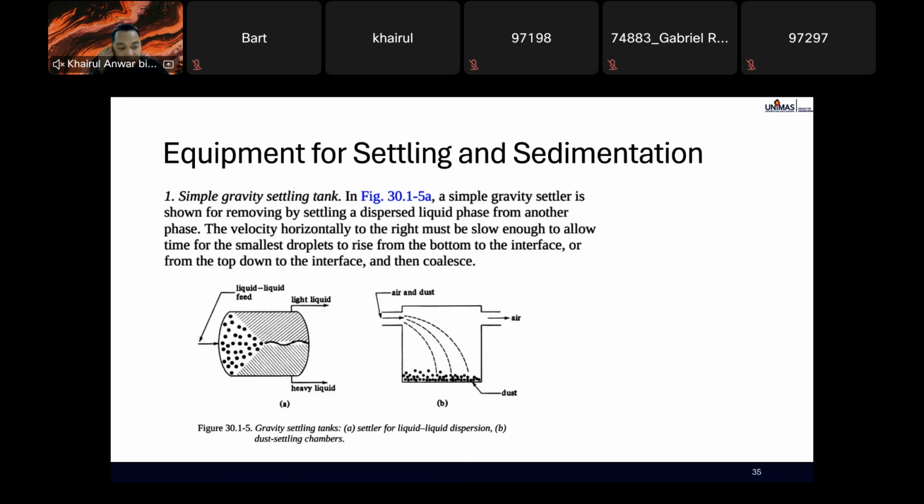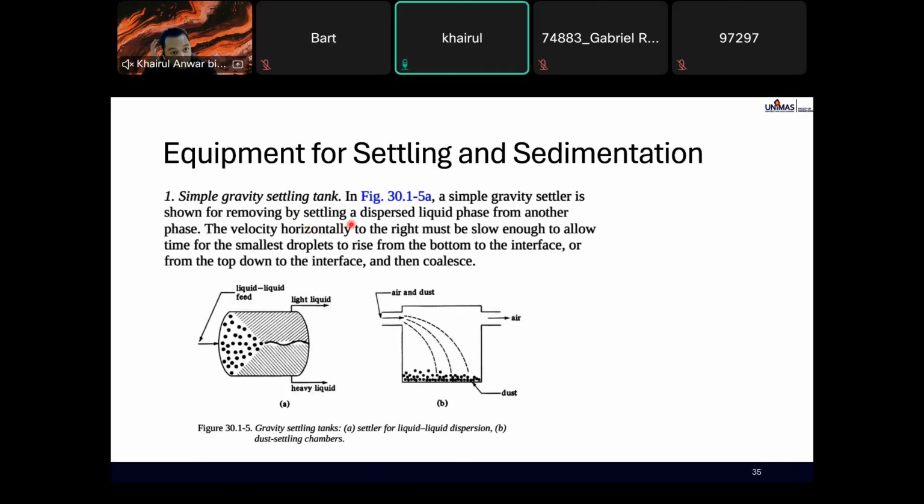Equipment for settling and sedimentation. Simple gravity settling tank. A simple gravity settler is shown for removing a dispersed liquid phase from another phase by settling.